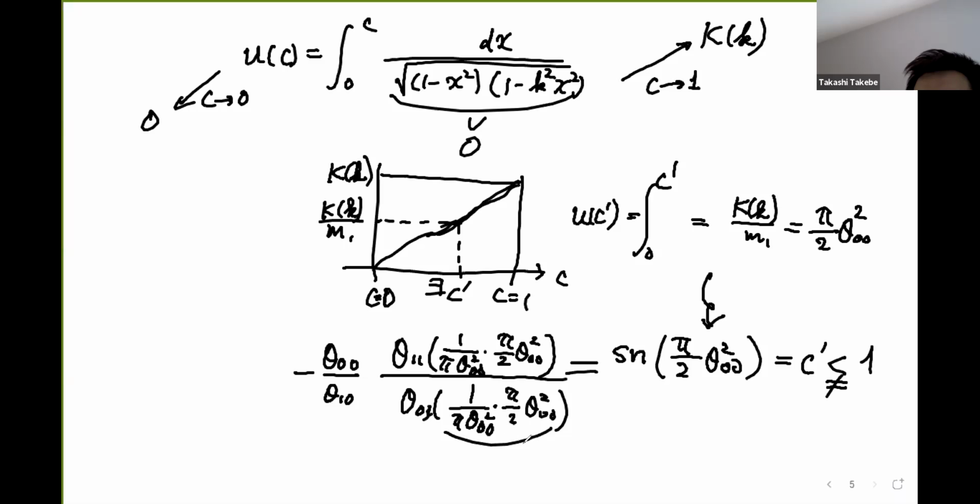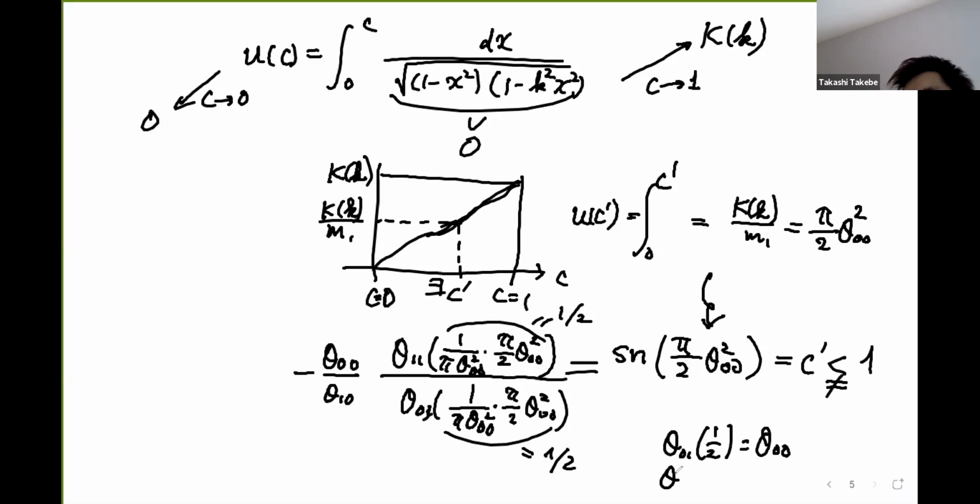This is what? 1/2. And we know that theta 01 of 1/2 is theta 0.